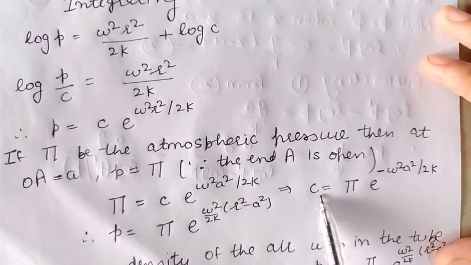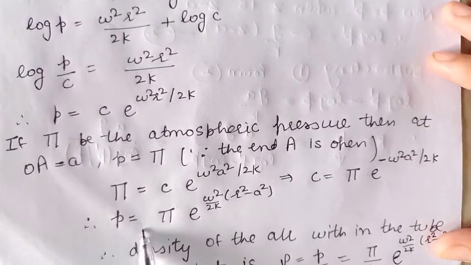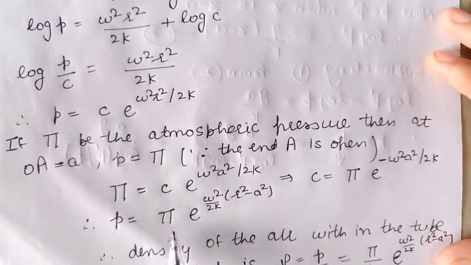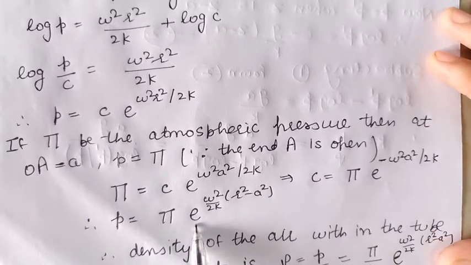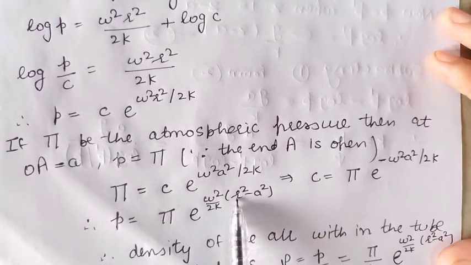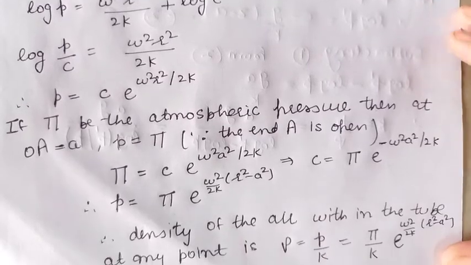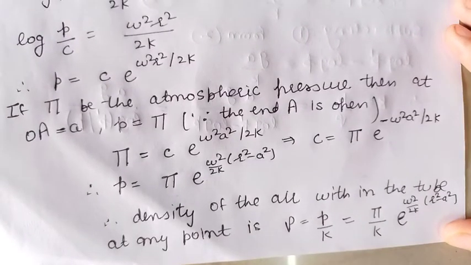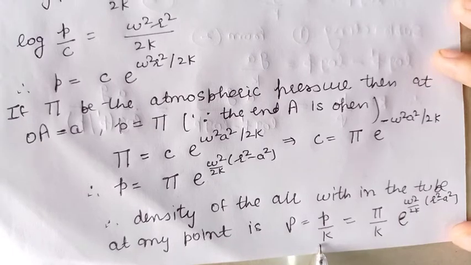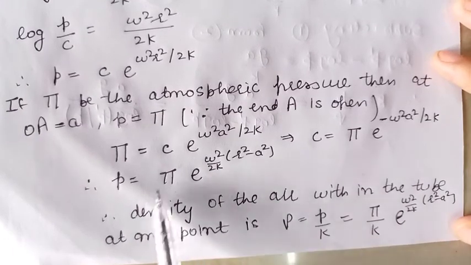Now we can put the value of this C here. We get the value of pressure, which is given by pi into e raised to the power omega square into r square minus A square upon 2K. Now because we are to find the density of air within the tube at any point, by using the formula P is equal to K into rho, density will be P upon K. The value of pressure P we have already obtained.